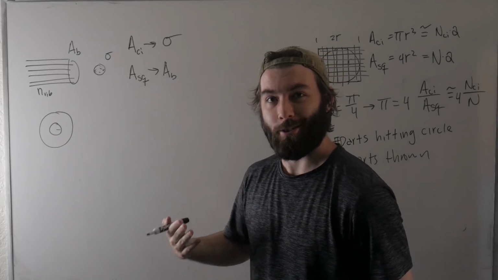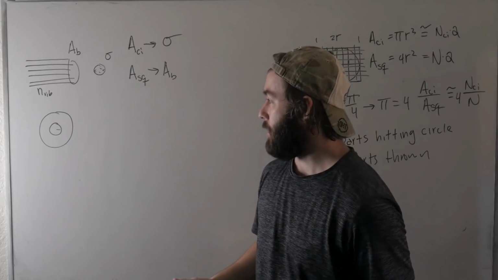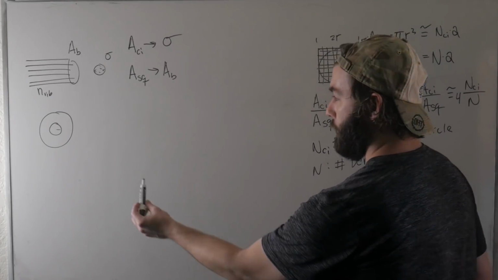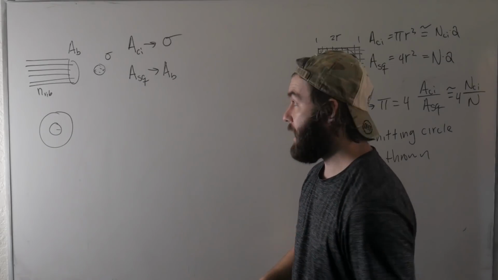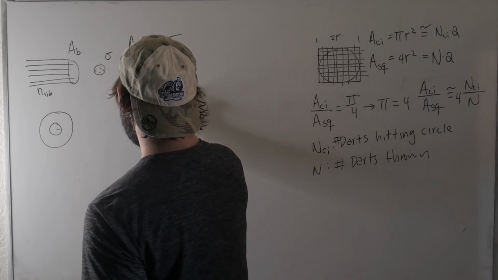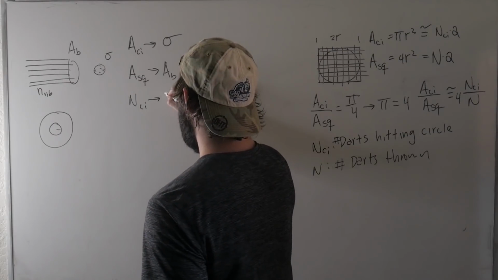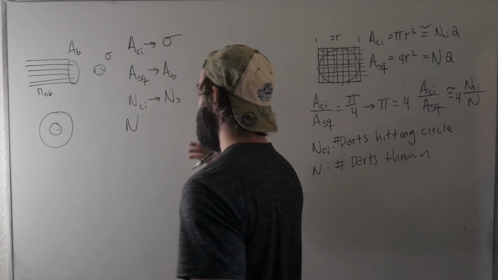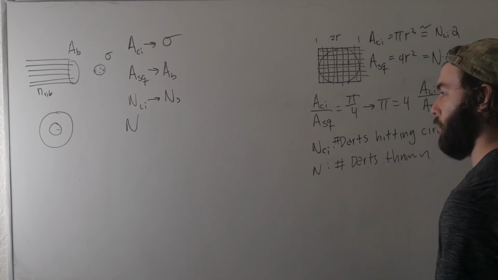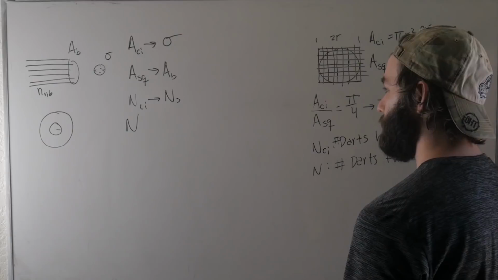And if it's in the way, it's going to scatter classically, right? So we can replace the number of particles that is within the circle with the number of particles that is being scattered. So N_CI gets replaced with the number of particles scattered, N_S, and N can maybe just stay the same. It's the total number of beam particles.